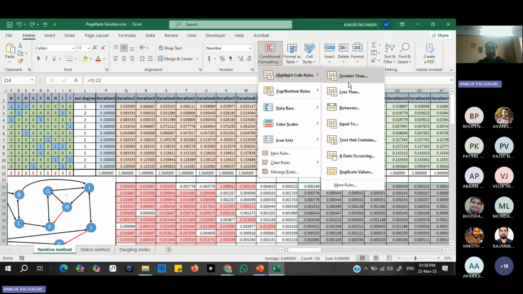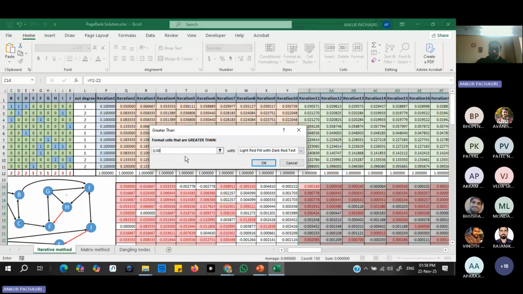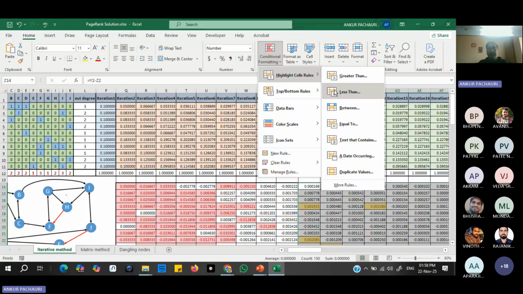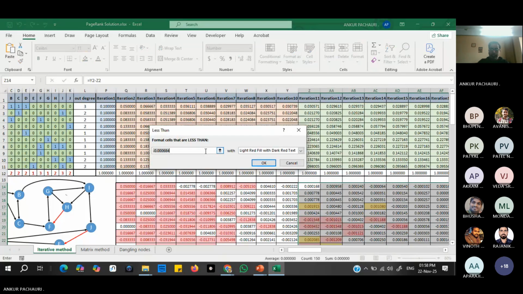Highlight the cells which are greater than 0.001, not red, let's mark it yellow. Also the cells lesser than minus 0.001, yellow.